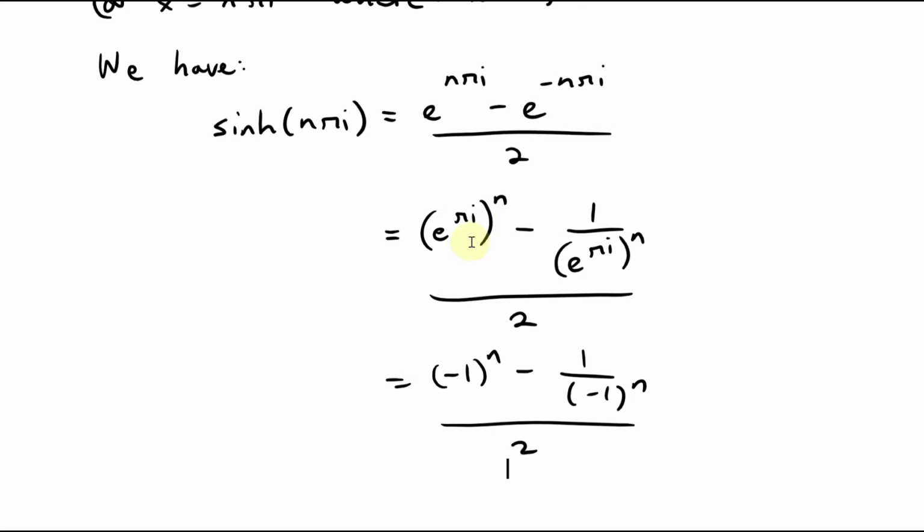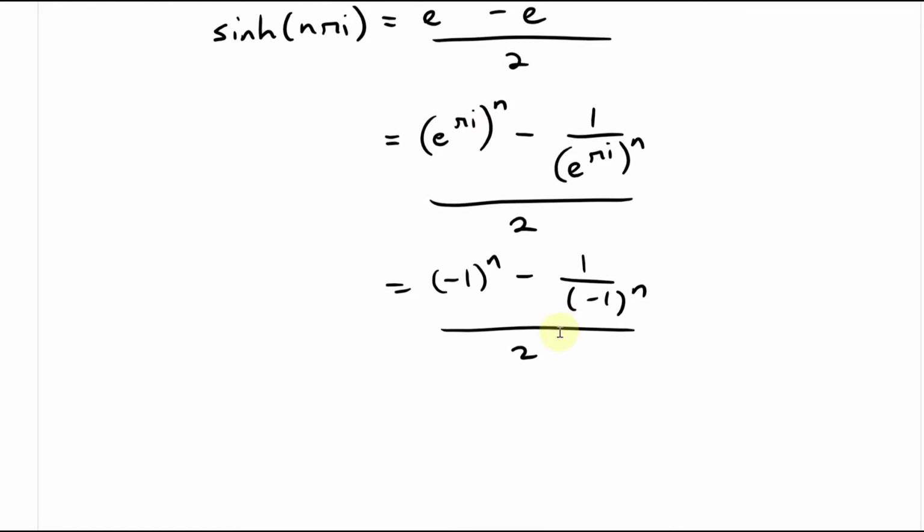Now what this equals is, well, this 1 over negative 1 to the power of n is the same thing as just writing negative 1 to the power of n. I'll just put a note: 1 over negative 1 to the power of n equals negative 1 to the power of n.